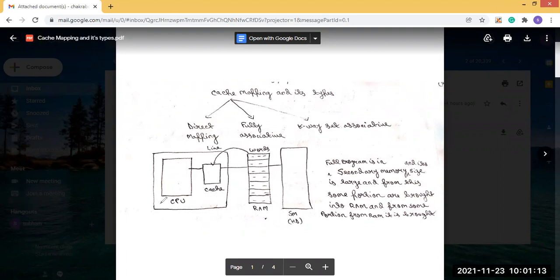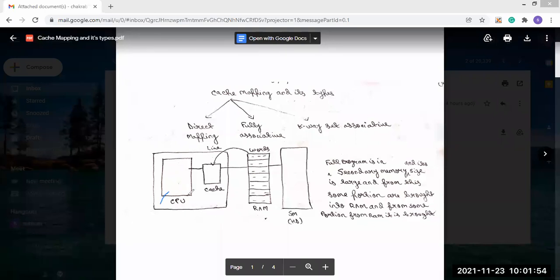Basically, in our system there will be a CPU, or processor, and a cache memory is connected with it, or we can say the cache memory is embedded over the CPU. This cache memory is connected with the RAM, random access memory, and this RAM is connected with our hard disk, that is our secondary memory, the full storage.